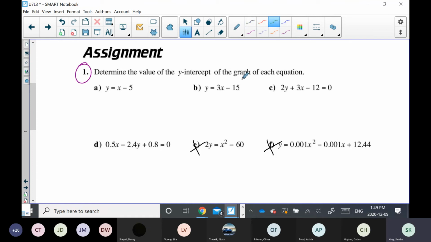Now, in this example here, in class example number 1, they only want the y-intercept. So what you're going to do for this class example is you're going to say, okay, if they want the y-intercept, we let the other letter equal to 0. So in this equation here, I'm going to take this x out and I'm going to put in a 0.